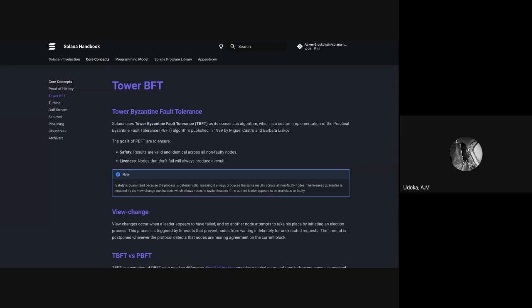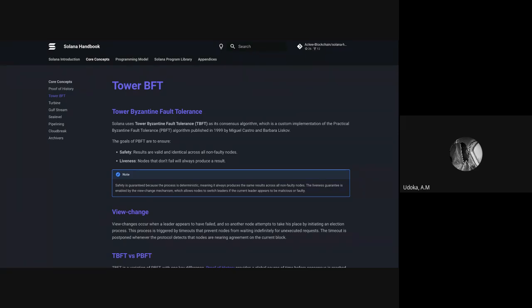Basically it's a consensus algorithm, a layer on top of the POH, proof of history. It uses the POH clocking system, remember we talked about the clock earlier, and allows validators to reach consensus quickly and efficiently.